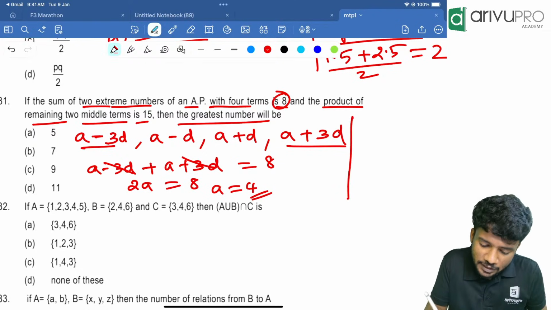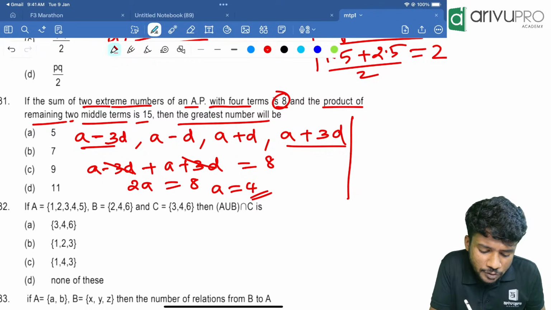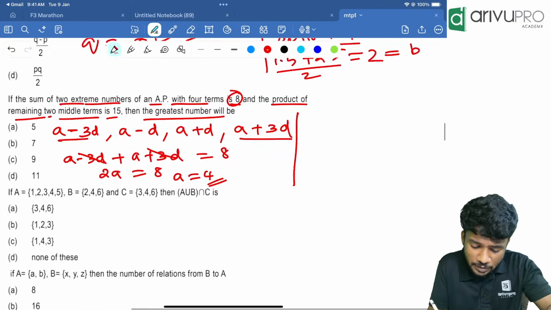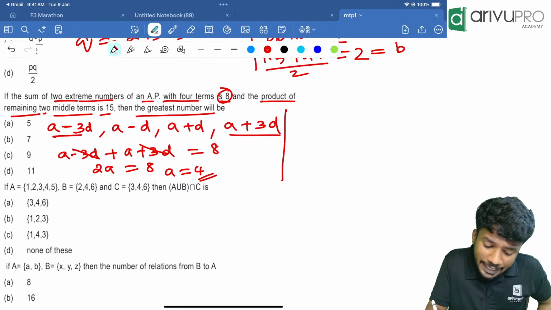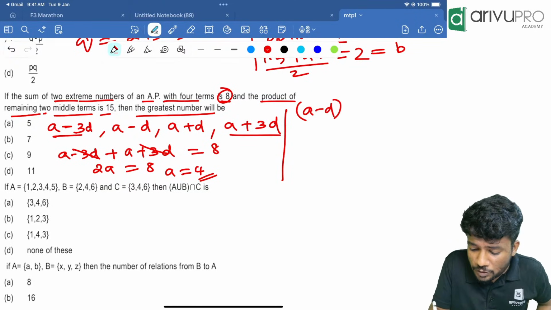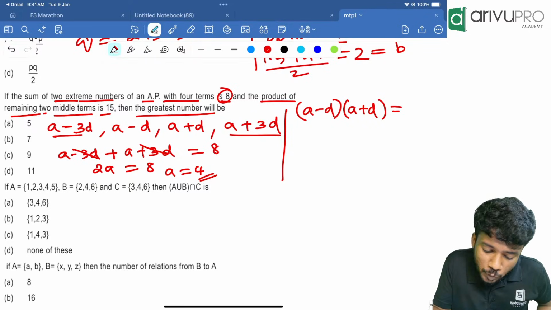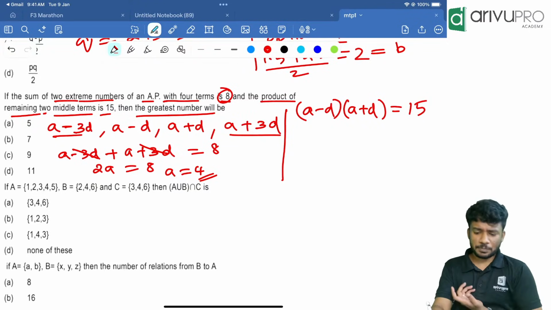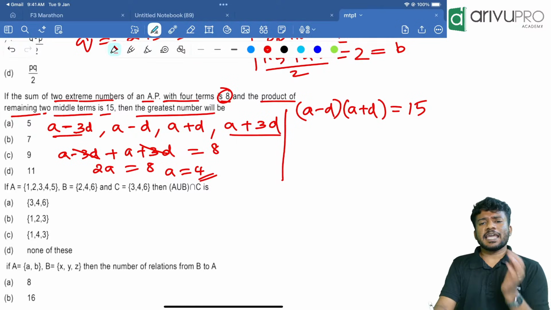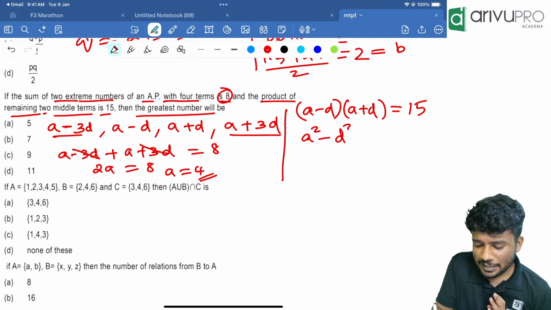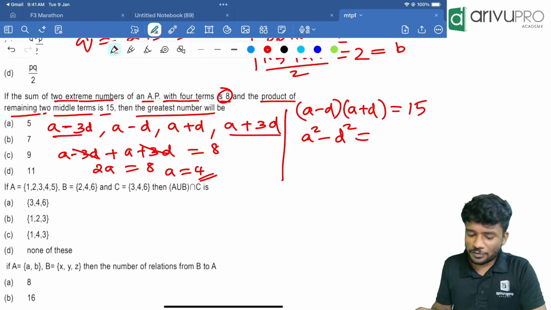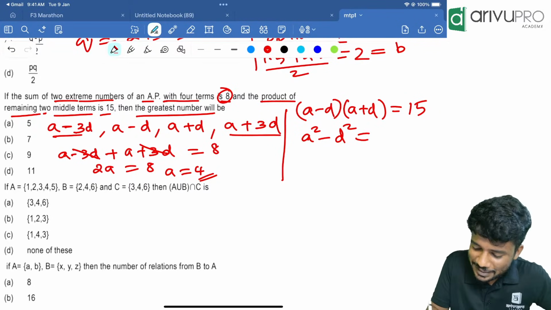Then what else is given in the question? Product of the remaining two terms is 15. Remaining two terms, that means the middle terms. That means (a minus d) into (a plus d) is equal to 15. We know one thing, people: (a minus d) into (a plus d) is a square minus d square, which is equal to 15.